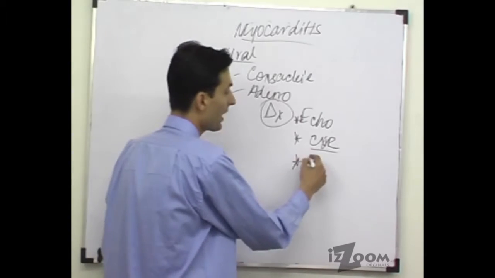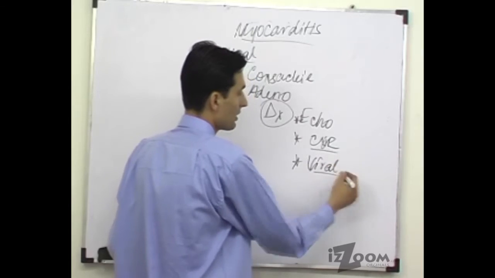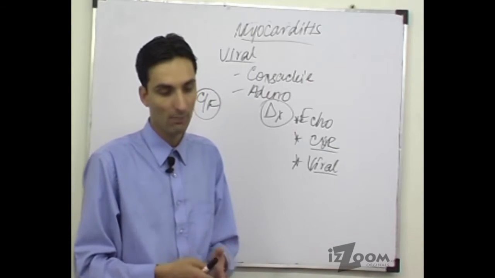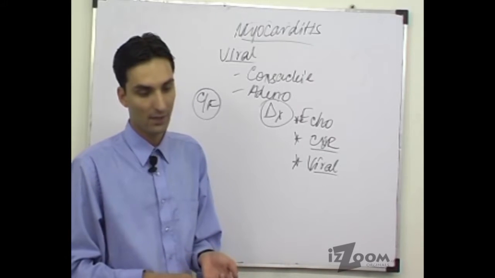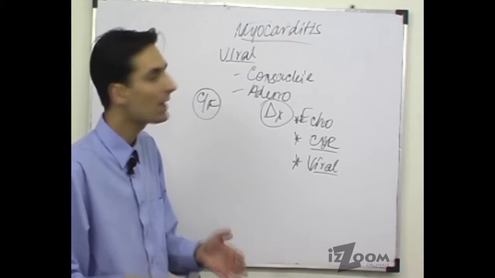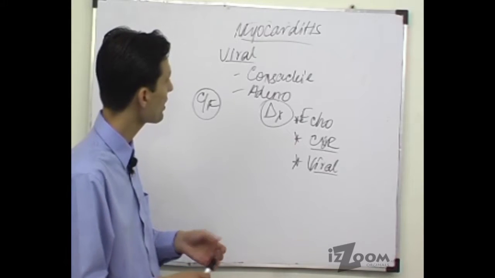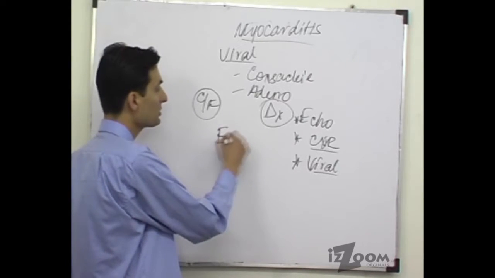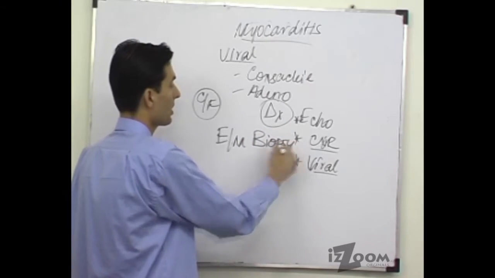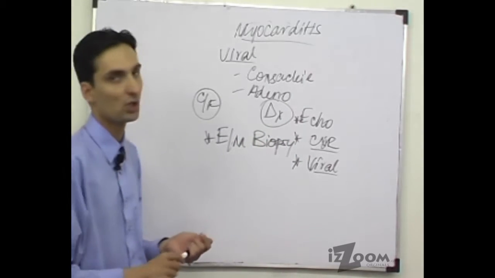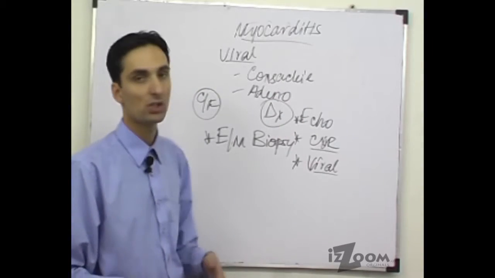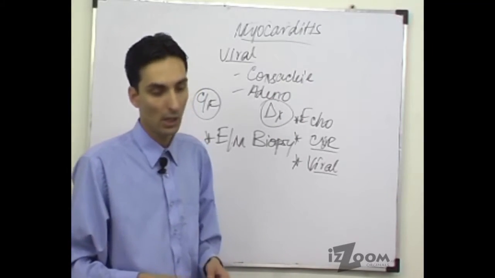Viral titers can be performed, which if positive can give you an important diagnostic clue. But the definitive and gold standard test for the confirmation of myocarditis is endomyocardial biopsy. Endomyocardial biopsy is the gold standard test, but it is usually not performed, and myocarditis is usually clinically diagnosed.